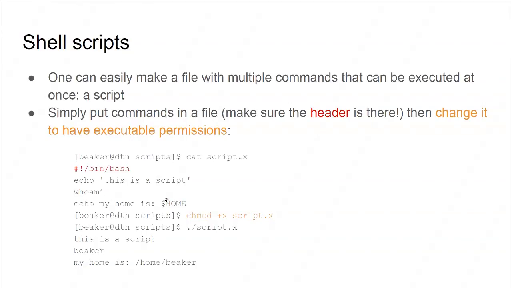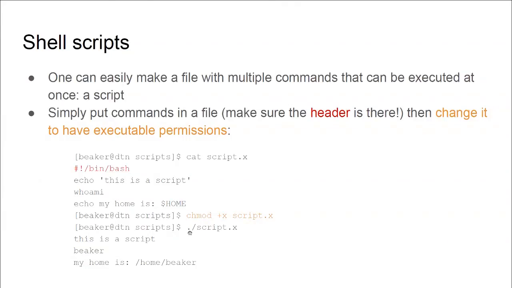Now to run this, I would have to change it to be executable, so I can do that using chmod with the symbolic notation +x, which just means to change it to be an executable for myself. Now if I run the command, ./script.x, because if you run a command and it's not in your path, you need to specify the full path to it, either the absolute or relative path.